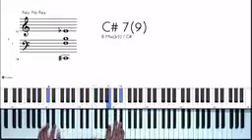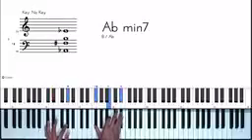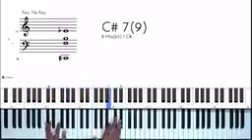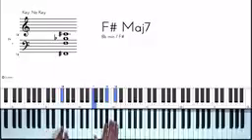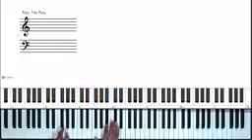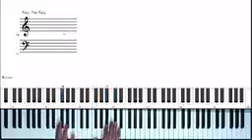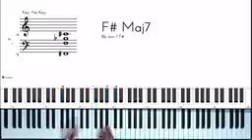Then we do the same step that we did before, where we brought down this bottom note a half step and we went from the 5 to the 1. And then we land on the 4, and in this case, I'm playing a B flat minor over F sharp, or G flat, whatever you want to call it.